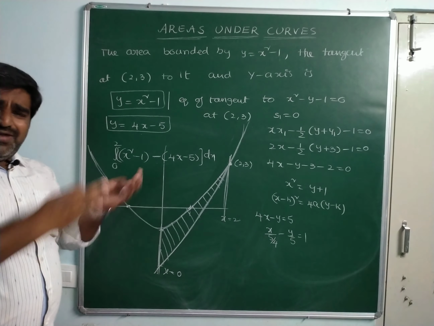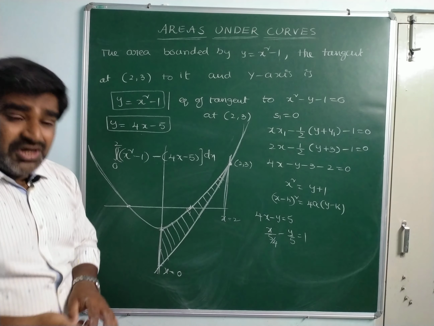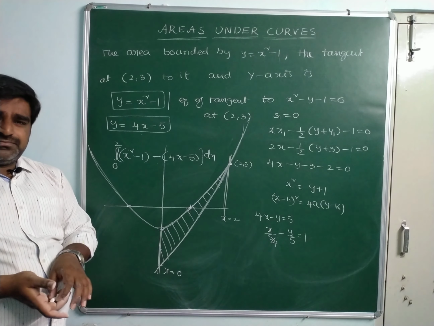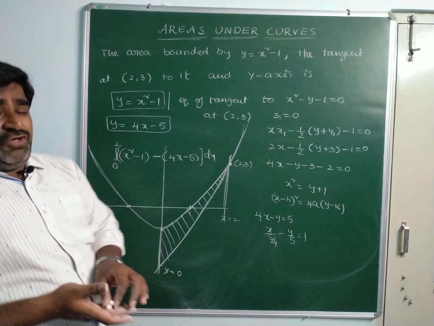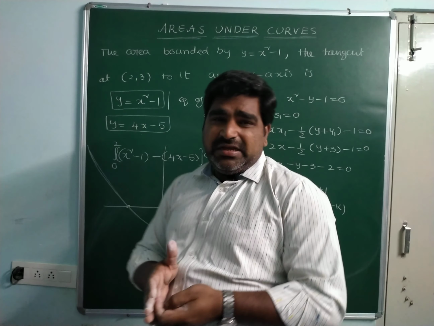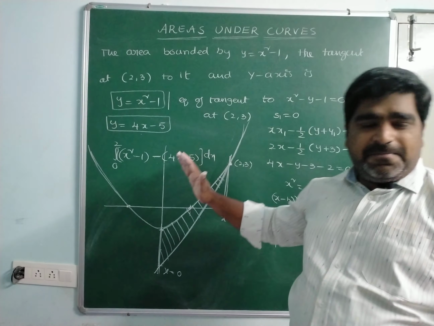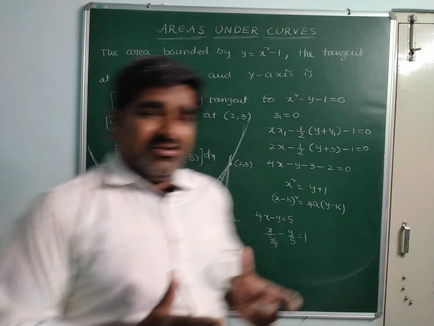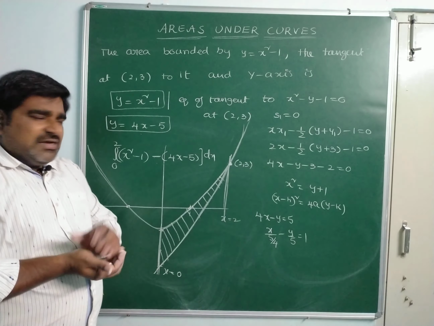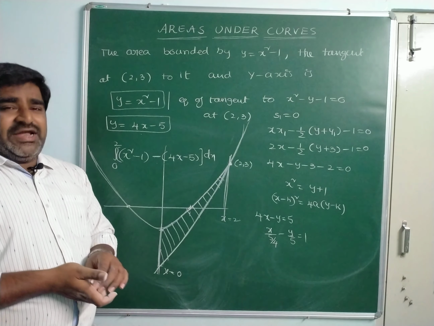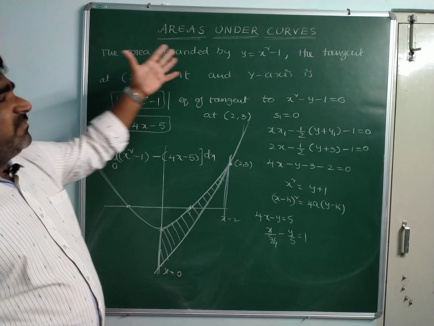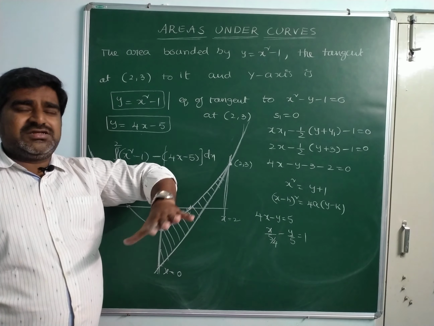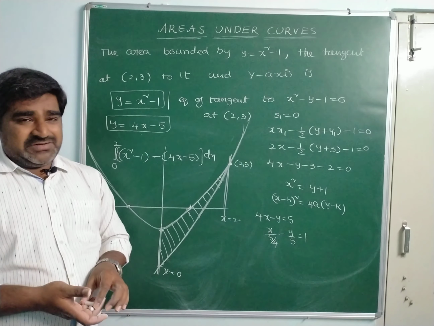Do the integration, automatically you will get the answer. If you apply the given property in a proper way and trace the curve properly, it is very easy to get the 4 marks from area under curve questions.